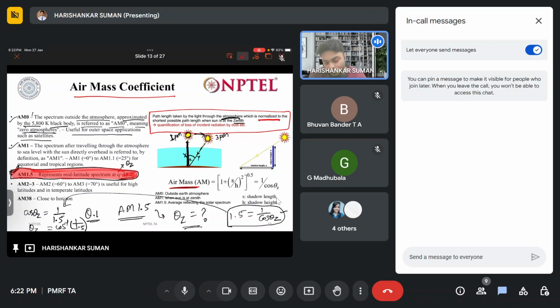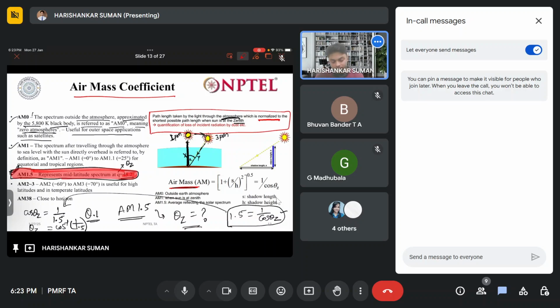You have to use a spectrum which is referred to as AM1.5. So the whole world, to measure the efficiency of any solar cell anywhere, uses this much amount of irradiance, AM1.5. So we can easily compare two solar cells anywhere.